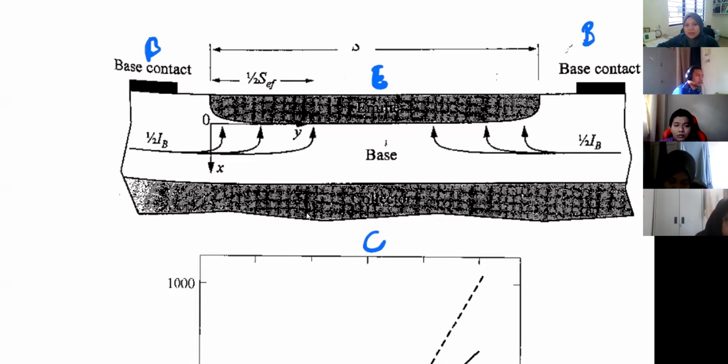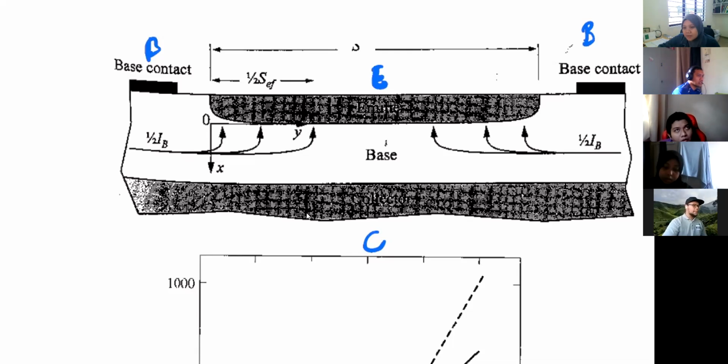How do you bias the base emitter junction in forward active mode? Forward bias. Yes, you forward bias, right? So you forward bias. Is there a lot of current or little current if you forward bias? A lot. Forward bias always a lot lah, kan.